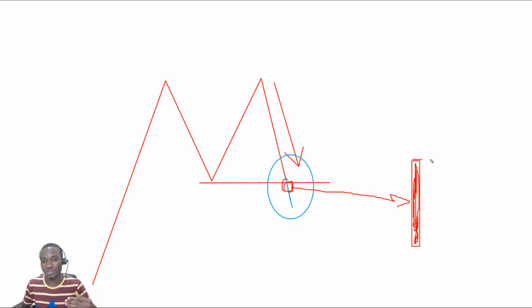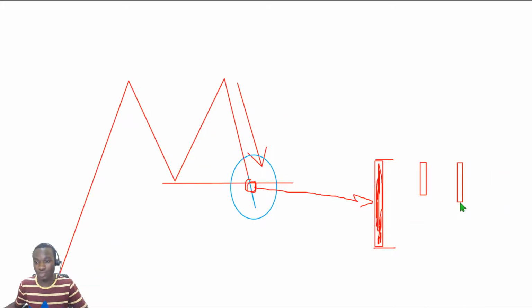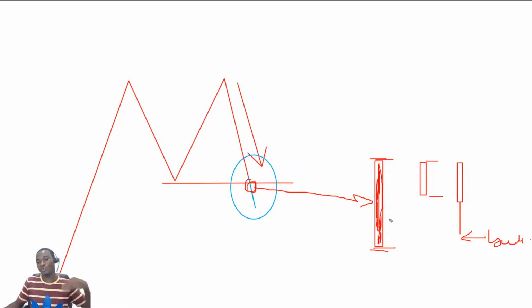You can see this long bearish candle is different from something like this, whereby you have a bearish candle and then another like this, with a bullish pryer. Right here is a weak volume, while right here is a decisive volume, a huge bearish breakout.